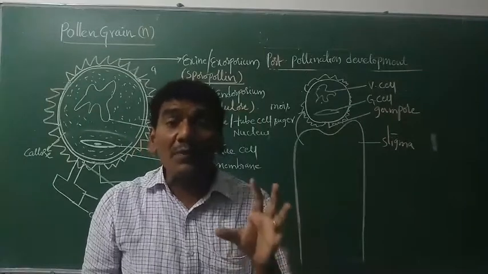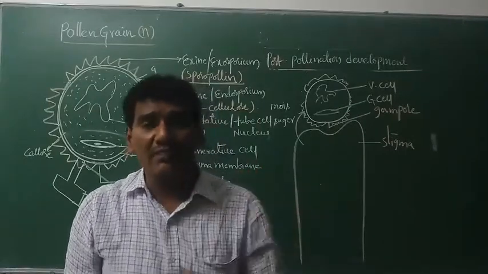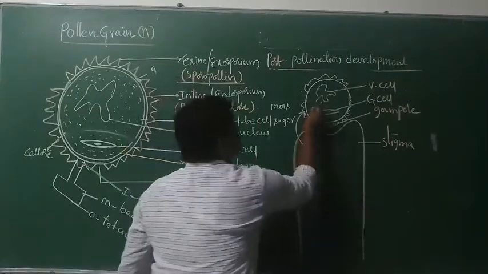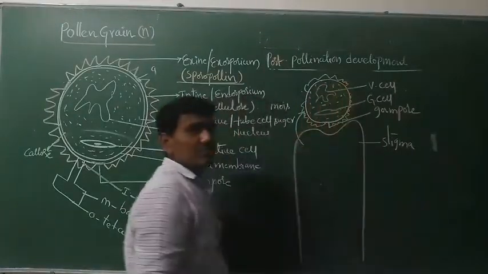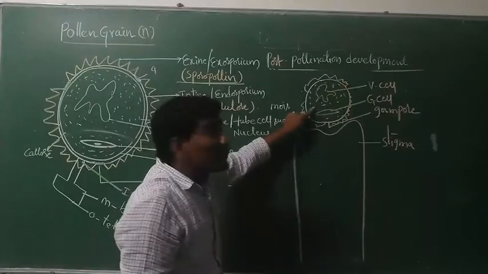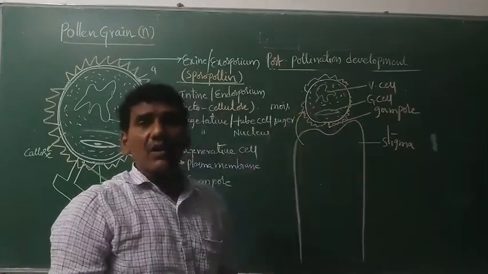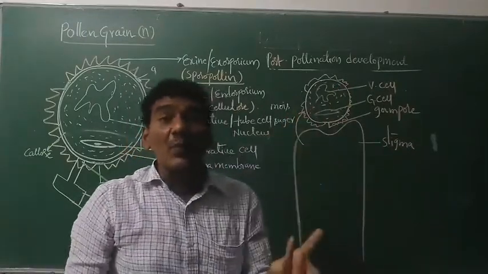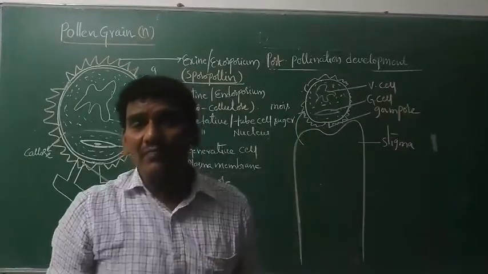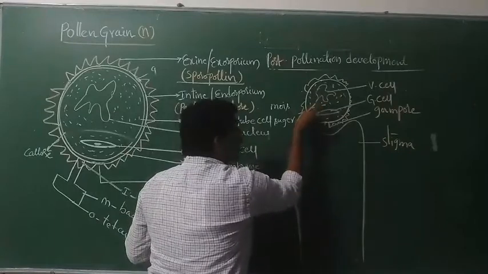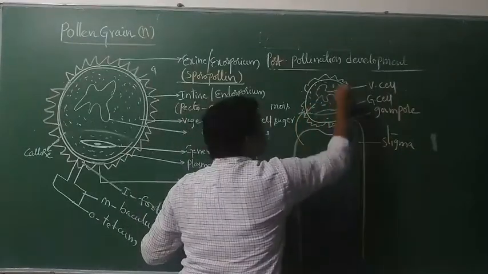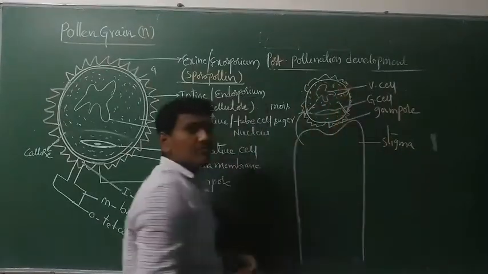Due to the absorption of moisture and sugar, the cytoplasm of the pollen grain increases. Due to this increase, pressure is created on the walls of the pollen grain.